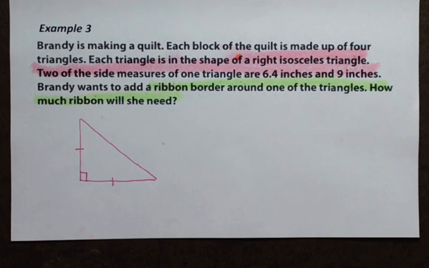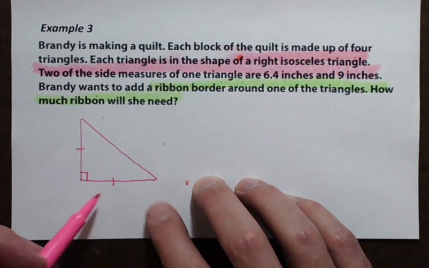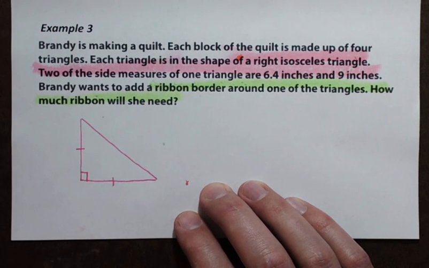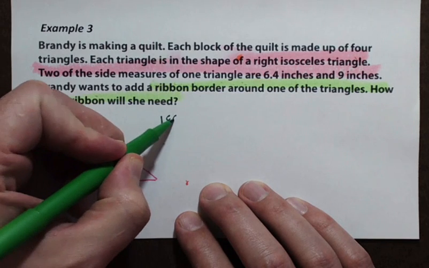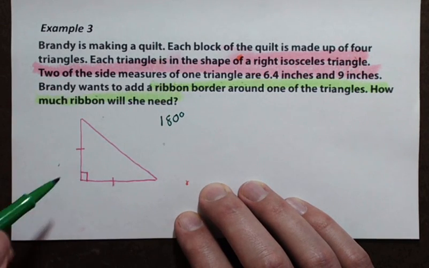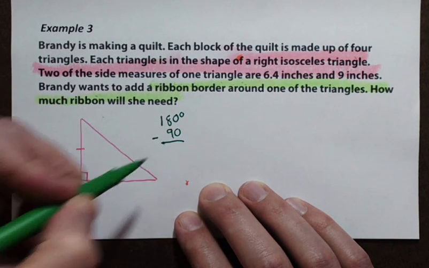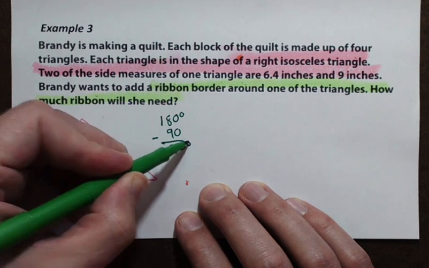Now we have to use some logic and some strategy here. Let's talk about the angles on the inside. I know that the sum of all the angles of a triangle is 180 degrees. And I know that this is 90 degrees. That means remaining I have 90 degrees.